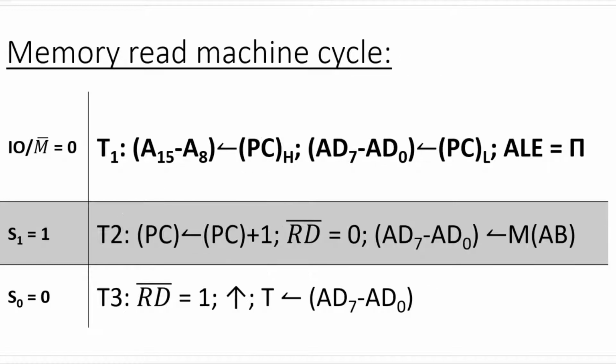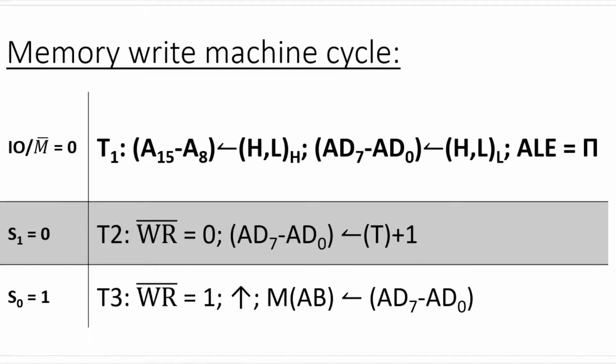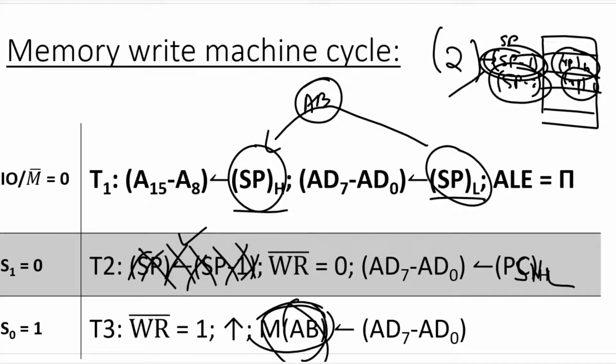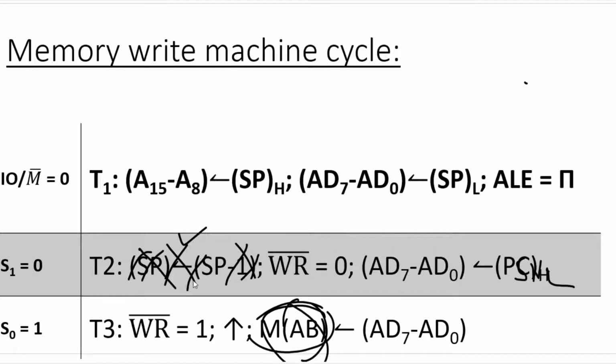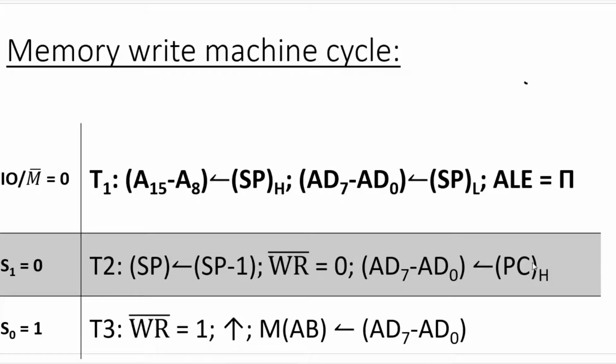So in the memory write machine cycles, this will be our memory write machine cycle. In memory write machine cycle number 1, SP will be read again.